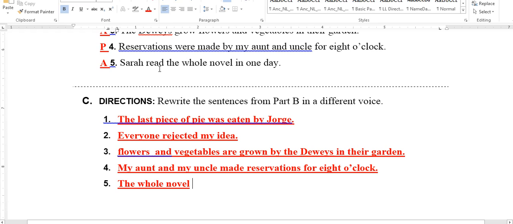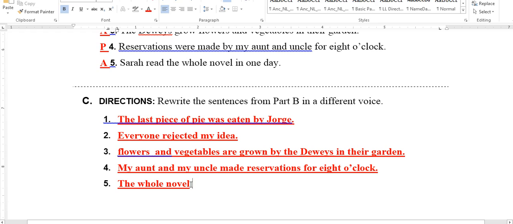Well, some people may say it could work like a present or past. No, it is not present for a simple reason: it doesn't have an S here. If it had reads, this would be present simple. But this is in the past, because my subject here is singular, she.